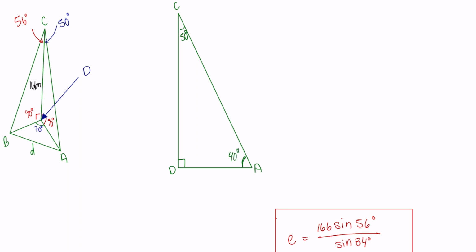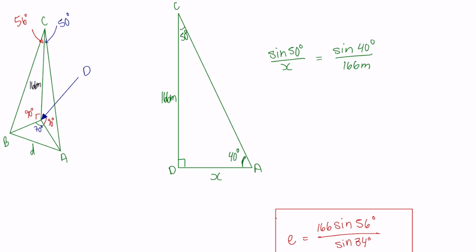We also know this is 166 meters. So like we did before, I'm going to use sine law and solve for this length here. Let's call it x. So sine 50 degrees over x is equal to sine 40 degrees over 166 meters.